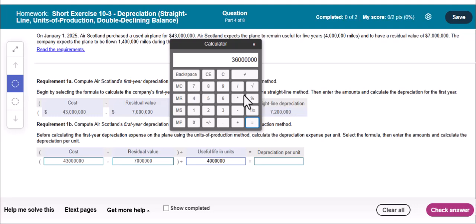And then we divide that by the 4 million miles that we think this airplane is going to be useful for. And the number is 9. So that's the depreciation per unit. So for each mile this airplane flies, it's going to be depreciated here by $9. So let's go ahead and check our answer.